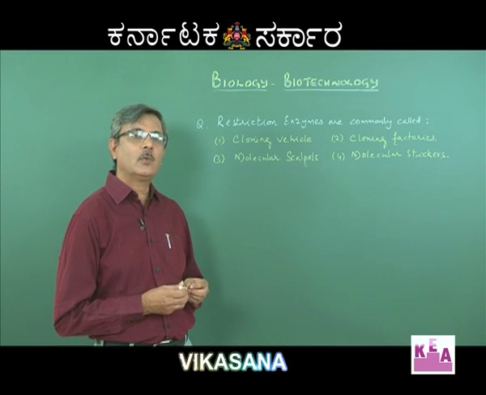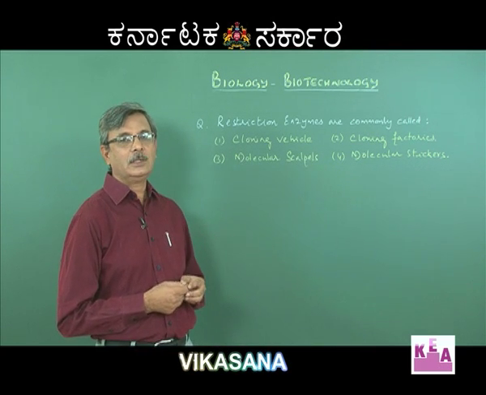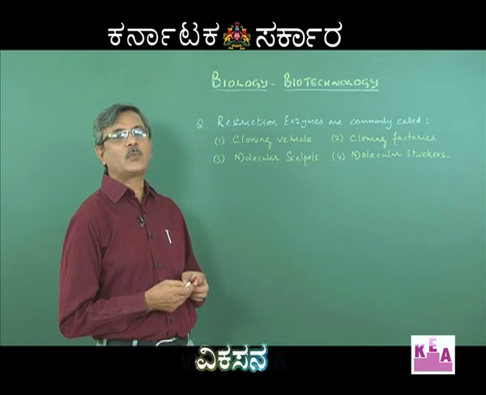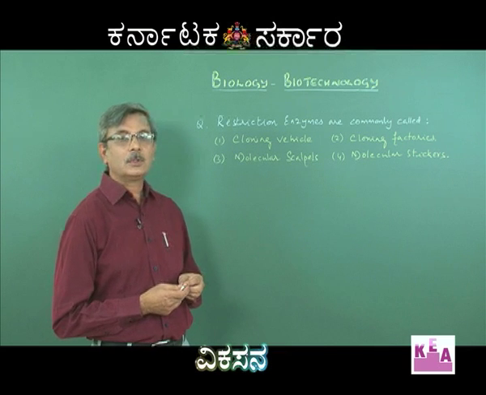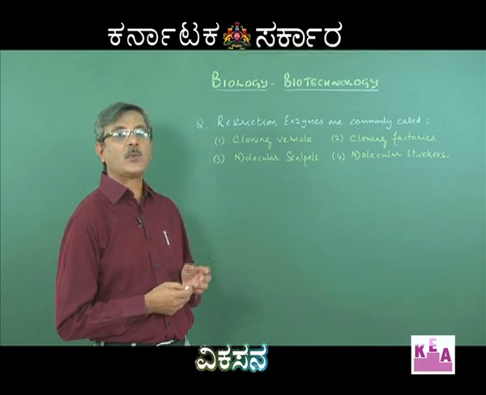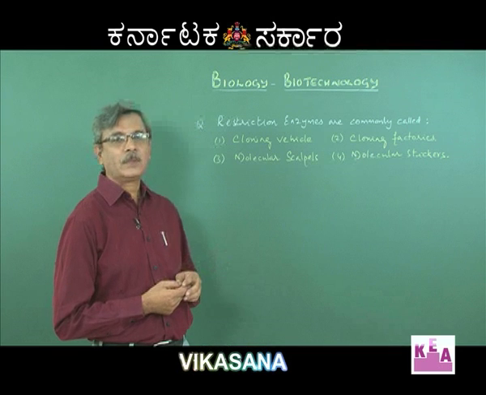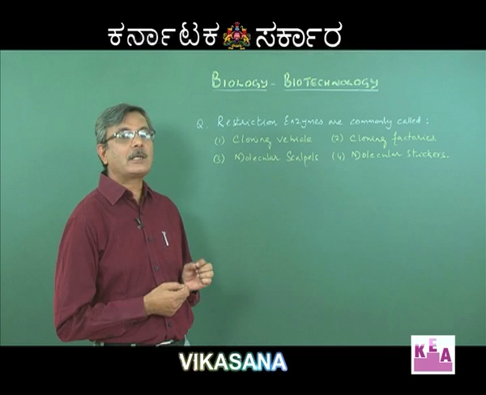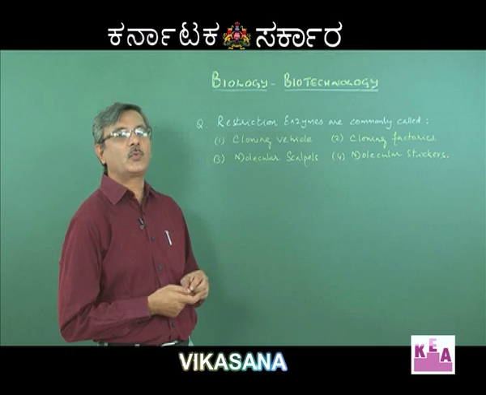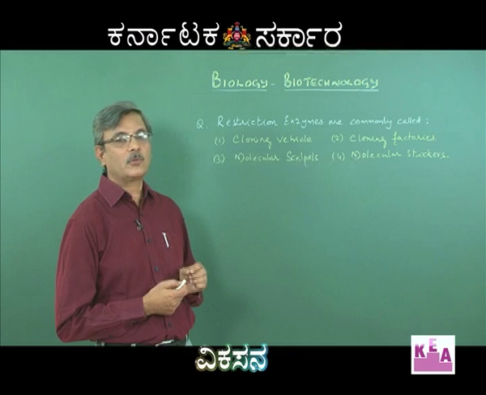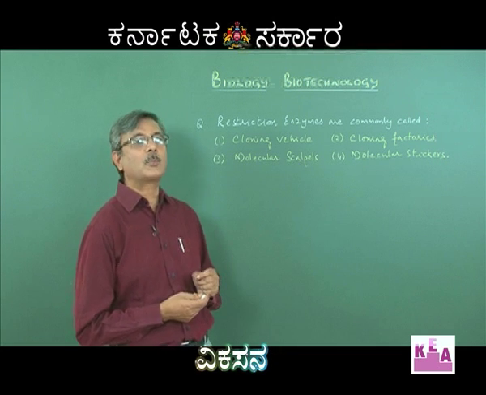We all know virus is an obligate parasite and we classify the virus into three groups: bacteriophages, phytophages, zoophages, and the bacteria-attacking viruses are bacteriophages. So with this, now let us look into the options.